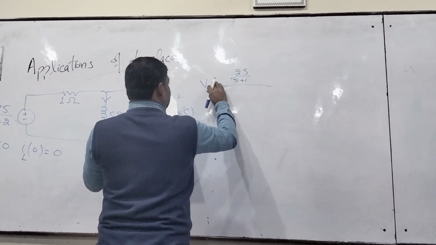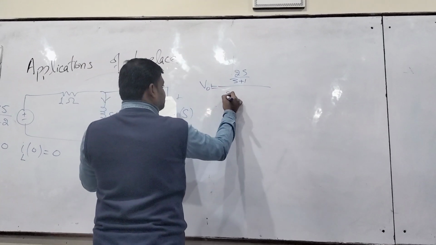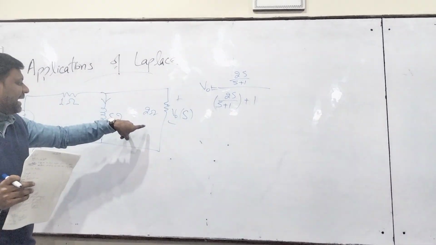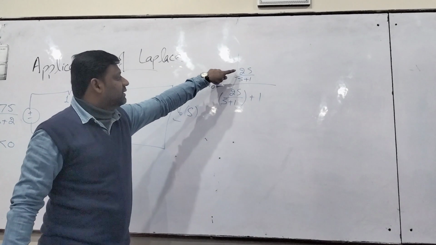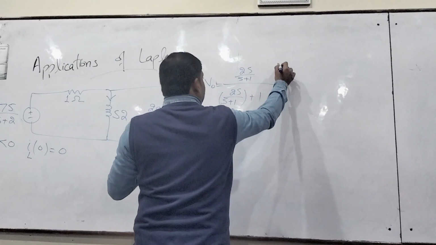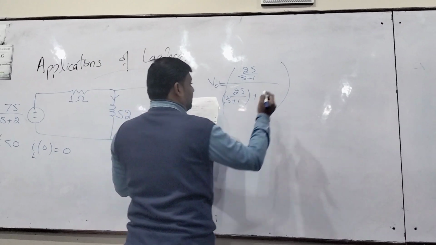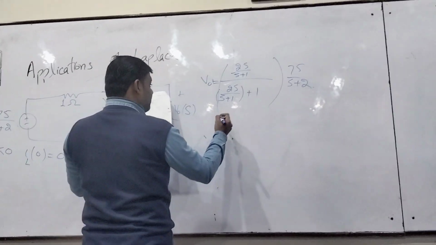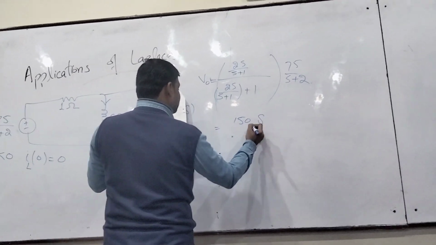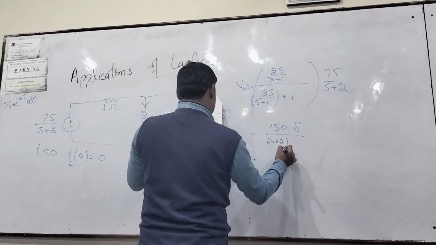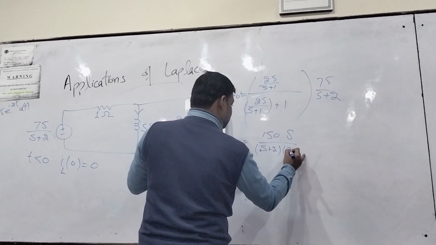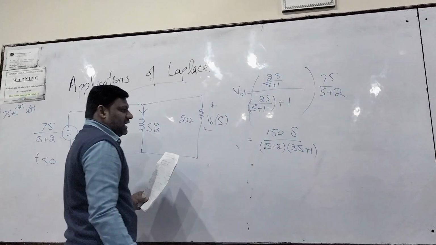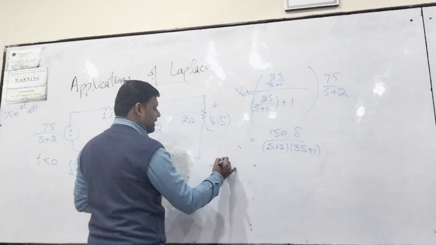S plus 1. When we combine these two impedances, this will be 2s over s plus 1 and whole multiplied by 75 by s plus 2. It will give me 150s over s plus 2, 3s plus 1. And then we'll solve this one by residue.